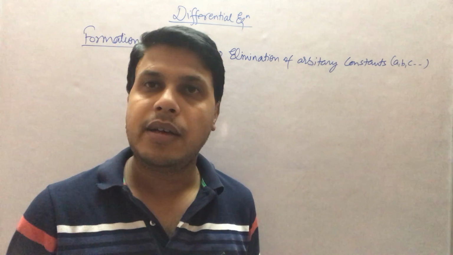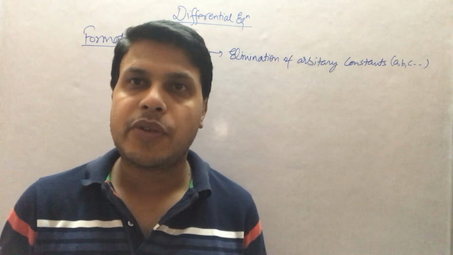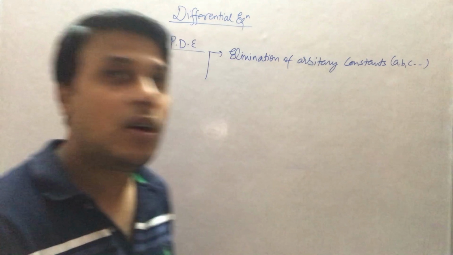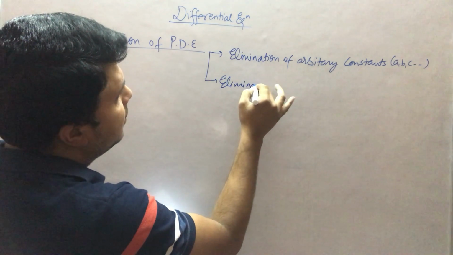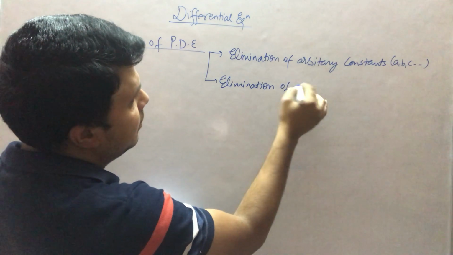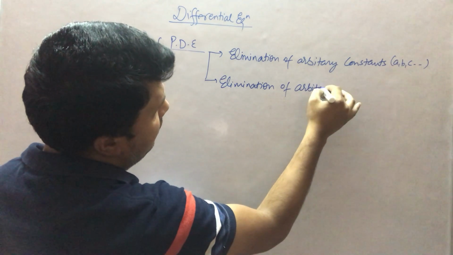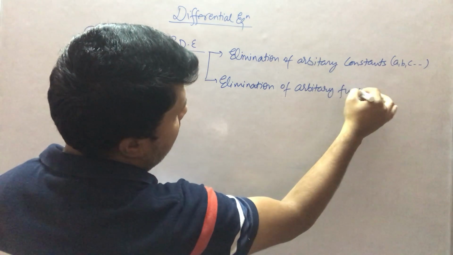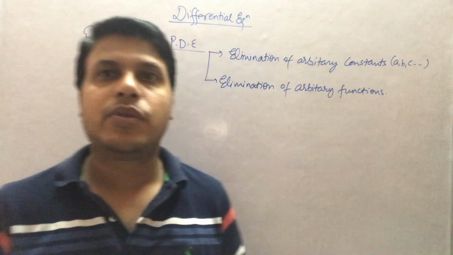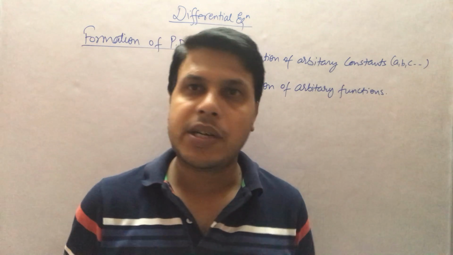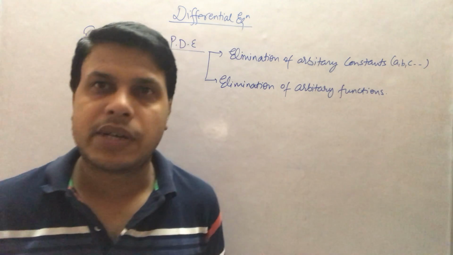We have to eliminate the arbitrary constants from the given equation to form the partial differential equation, or we have to eliminate the arbitrary functions to get the partial differential equation.